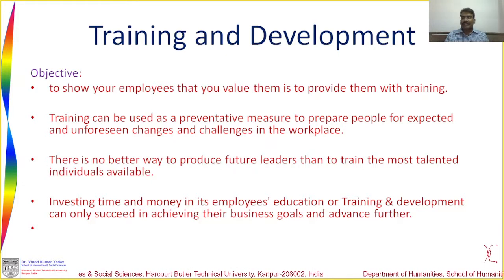You value them means you need to analyze the training need. Individual employee identification of the training need is what we call training need analysis, TNA. That is the first step of training. So training need analysis is very important, because once you come to know about the training need and the areas where the training need is there.